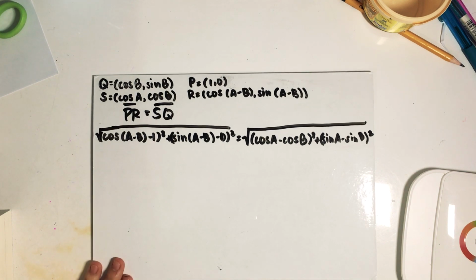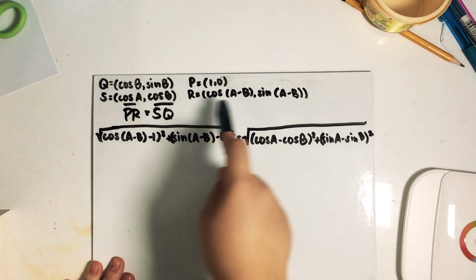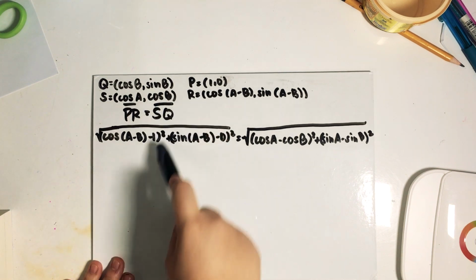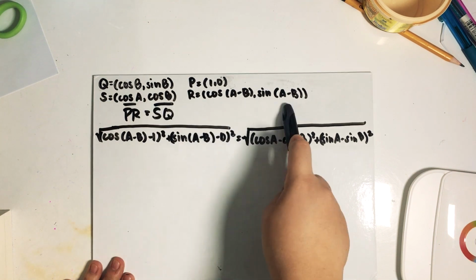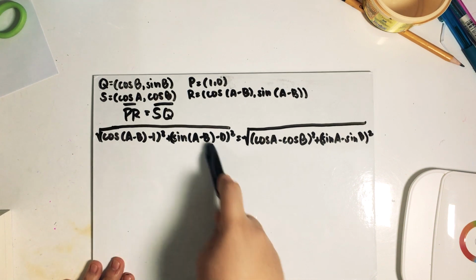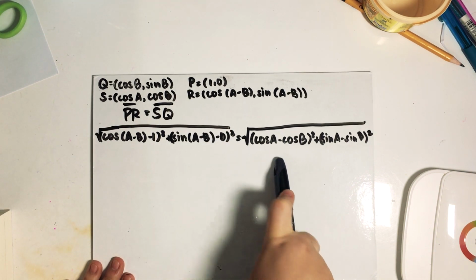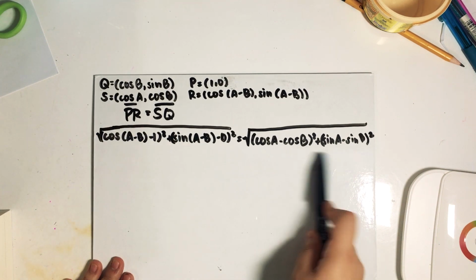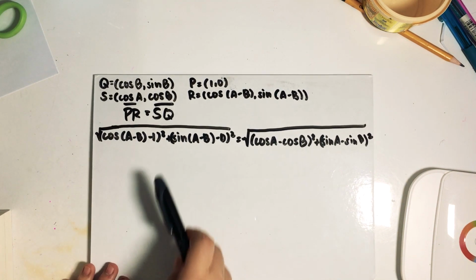This is the x of R minus the x of P, and the y of R minus the y of P, which is similar to this. Similarly to segment QS, this is segment QS, this is segment RP.